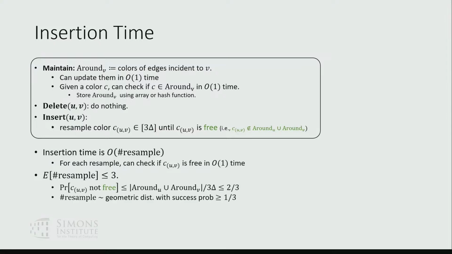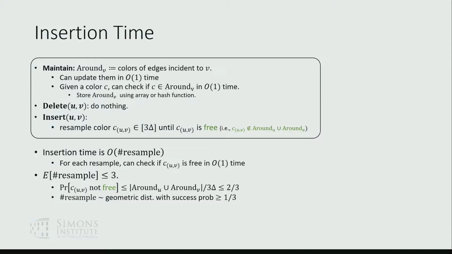This is because the probability that this color is not free is at most the size of around U plus the size of around V over your palette size. But around U and around V have total size of 2 delta at most, and your palette size is 3 delta. So this is less than 2/3.